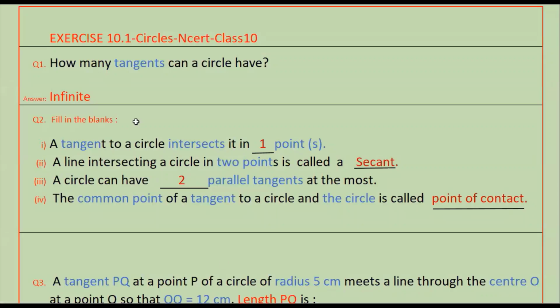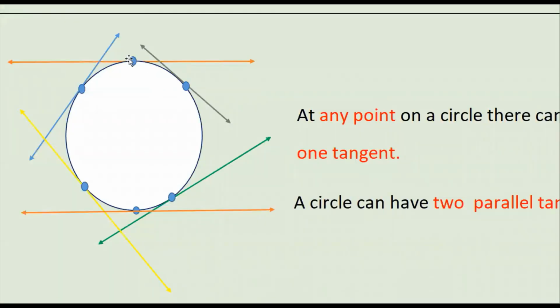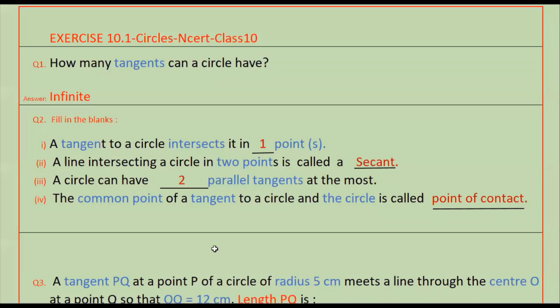And next one is fill in the blanks. The first one: a tangent to a circle intersects it in dash points. We know that a tangent to a circle intersects it at only one point. So this is one. The second one: a line intersecting a circle in 2 points is called a secant.